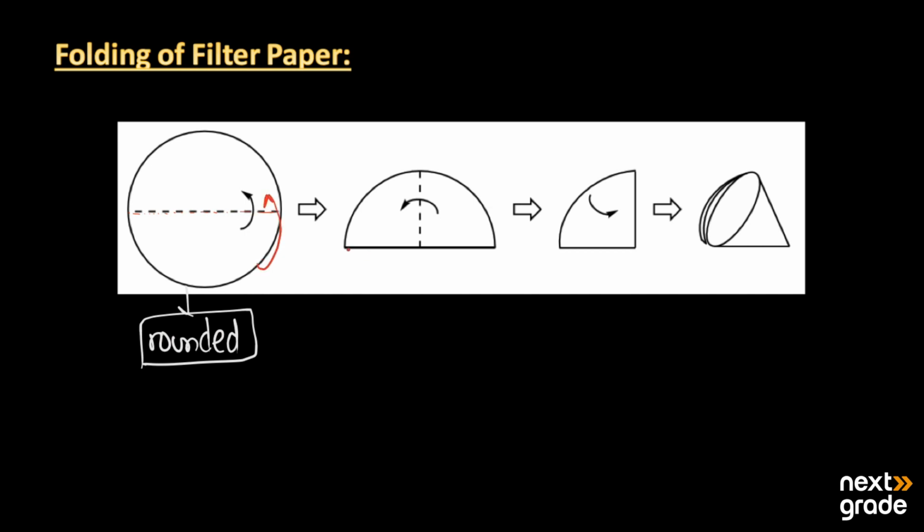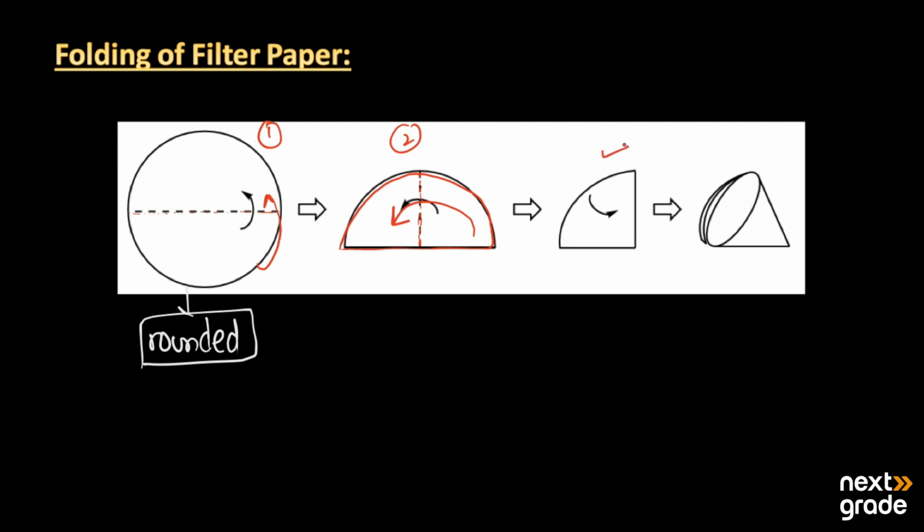Then we will gain this shape. So the first step is the simple folding of the paper according to its diameter. And then in the second step, we again fold it according to its diameter in this way.